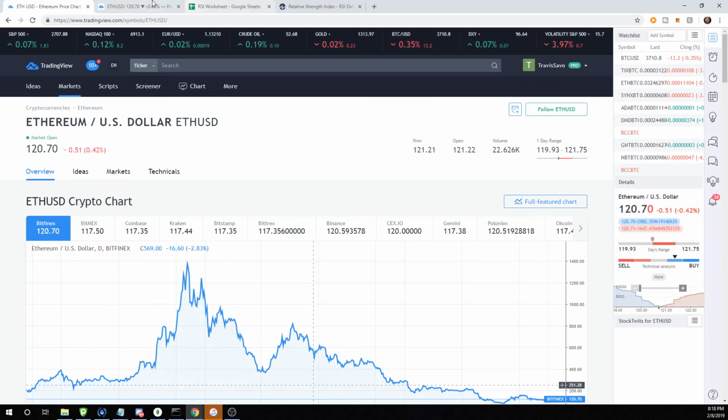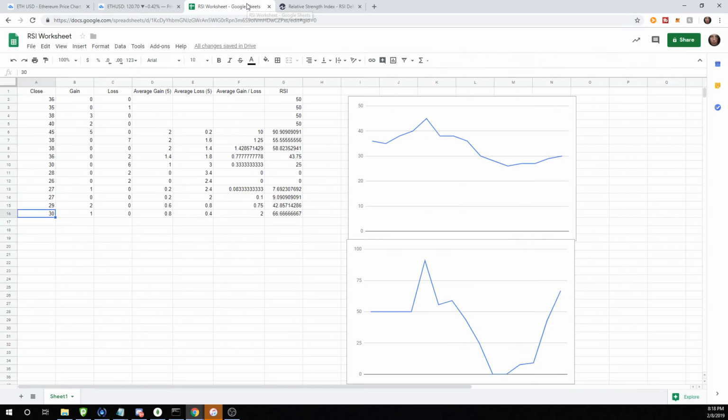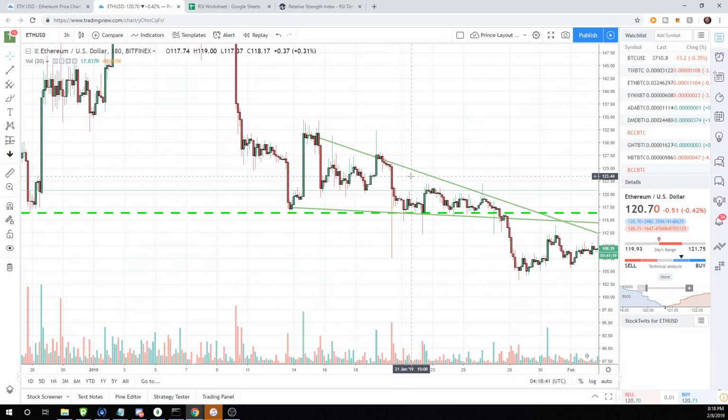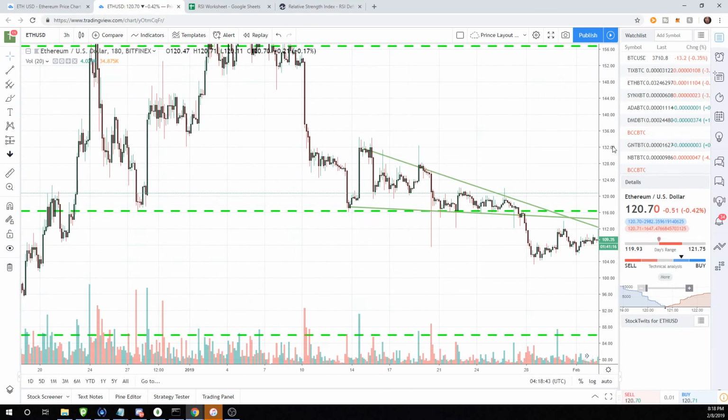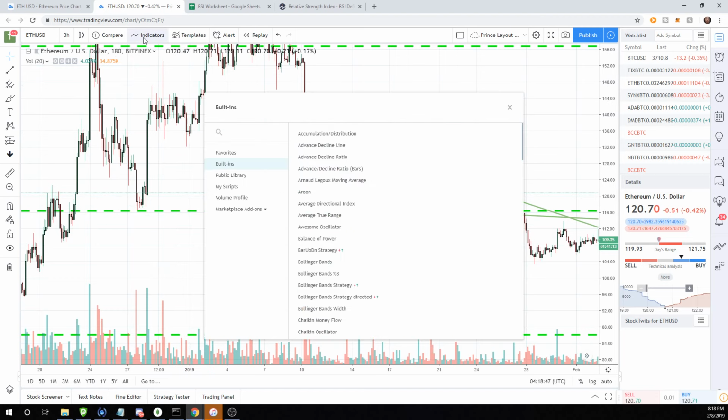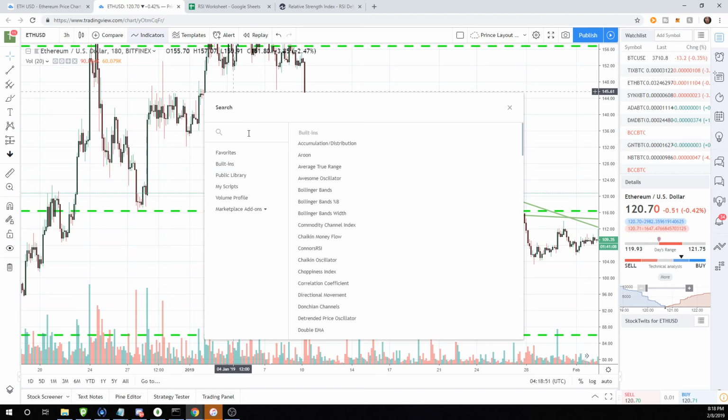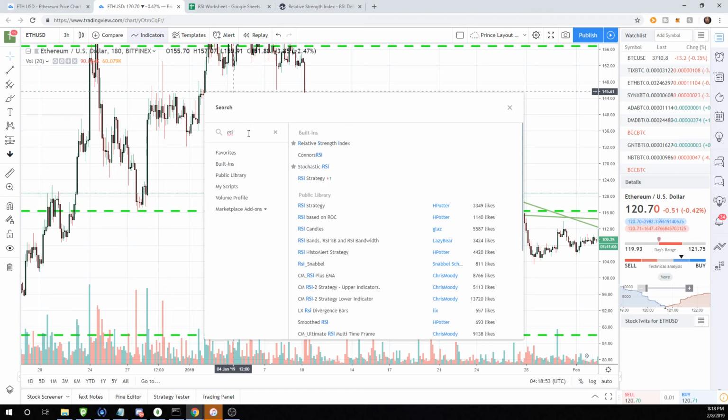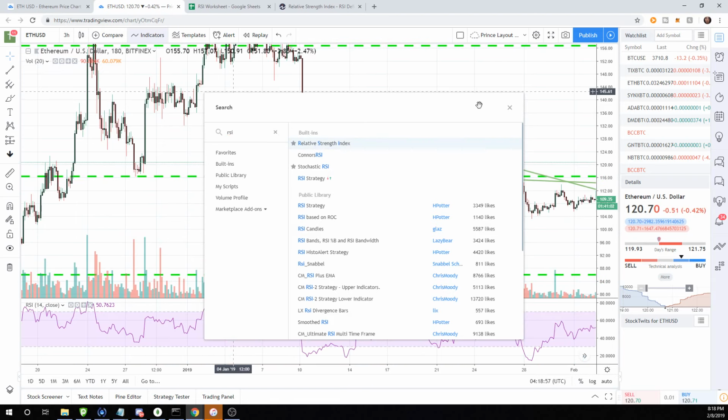So, why is this relevant? Because traders are doing this. Traders are programming their bots this way. I'm going to move slow here for a minute. I'm going to come up here, click on Indicators at the top, type in RSI, Relative Strength Index, and add that to my chart.